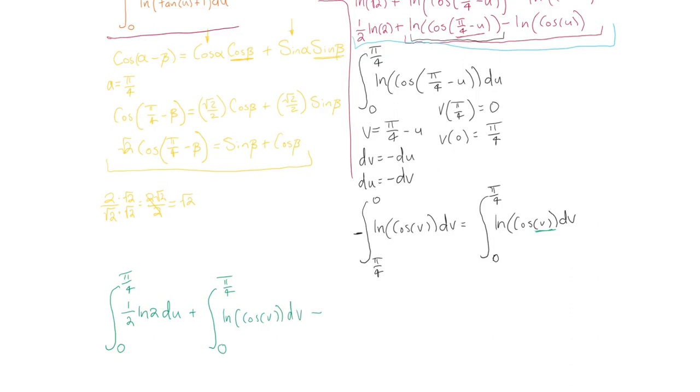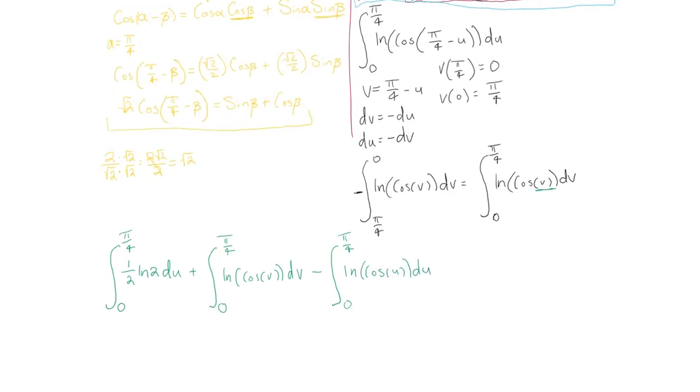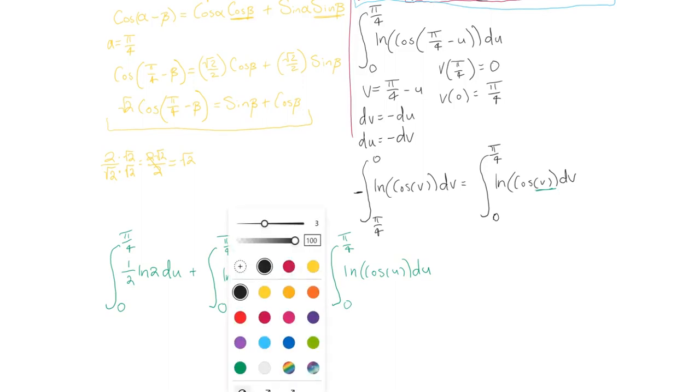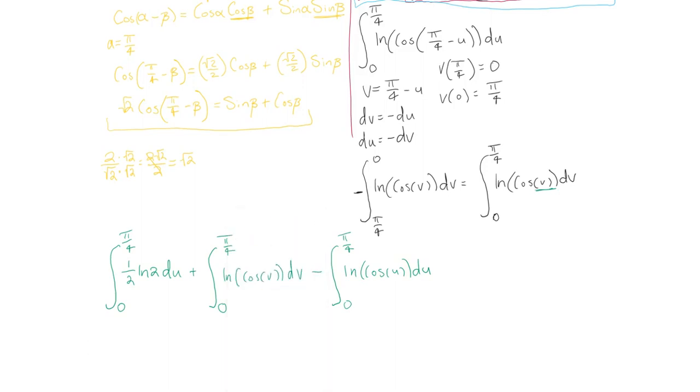And then we'll have a minus the integral from 0 to pi over 4 of ln of cosine of u du. Now, although the integral on the far right is written in terms of u and the integral in the middle is written in terms of v, they're 100% identical, so they'll actually equal each other, and we can cancel them out. So let's cancel those two out.